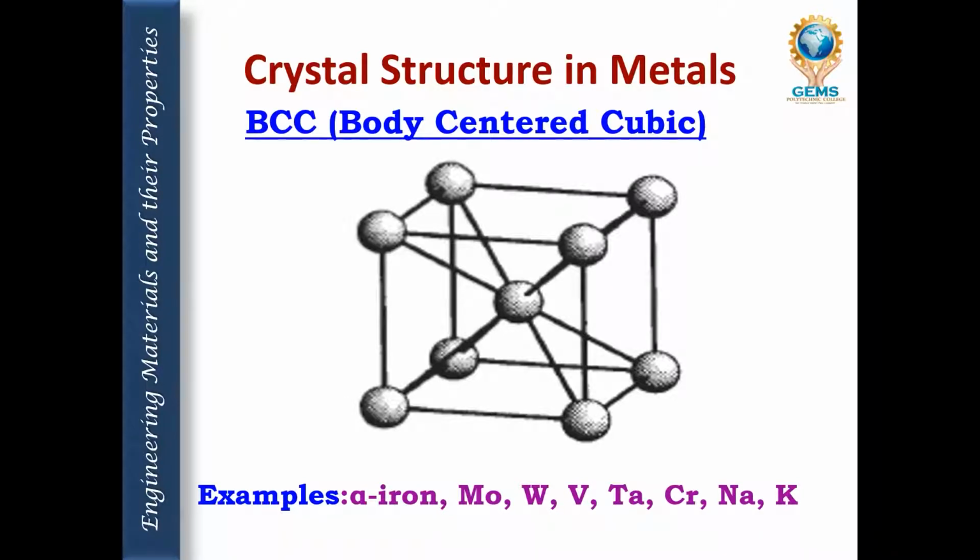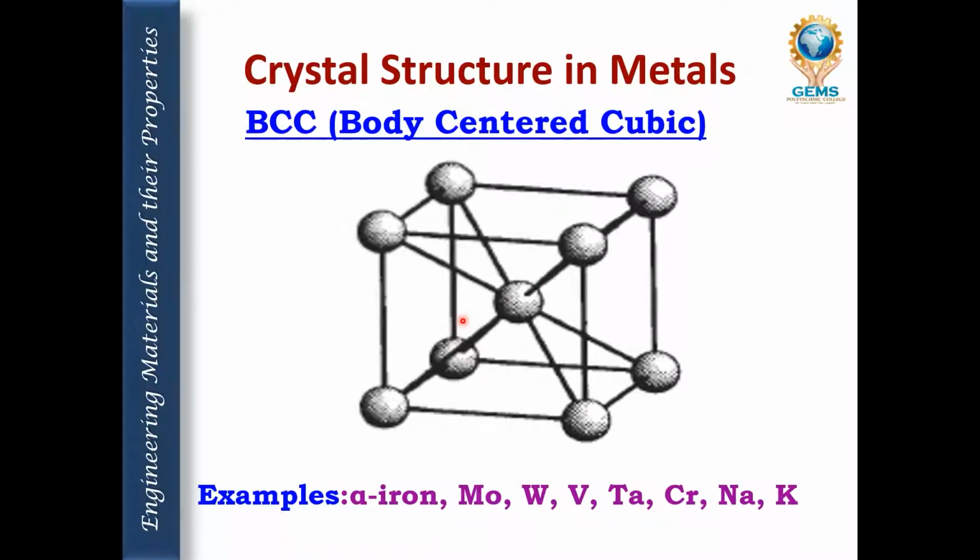Let me show you with the laser so that you can understand a bit more easily. These are the 8 atoms: 1, 2, 3, 4, 5, 6, 7, 8, which are connected with a center atom, one center atom. These 8 atoms are shared, that is, each could be called 1/8 of an atom.